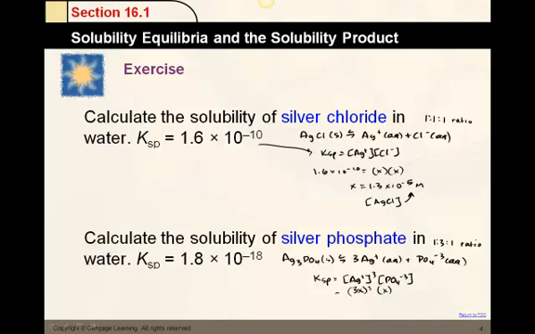When you work this out, and of course this equals 1.8 times 10 to the negative 18, you will get 27 x to the 4th equals 1.8 times 10 to the negative 18, and x equals 1.6 times 10 to the negative 5 molar. And that's the maximum concentration Ag3PO4 can be to be dissolved.